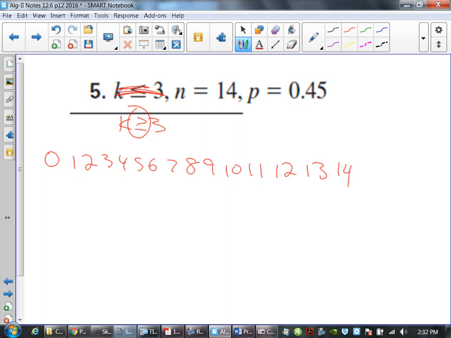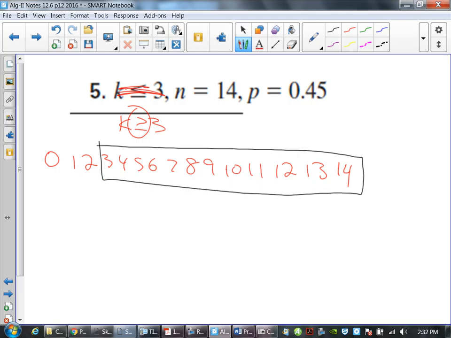I'm looking for all of these. Do I include the 3? No. I want below the 3. I want to count these guys. If I count these guys as happening, the complement would be that happening. So what I would do is 1 minus the bino CDF.